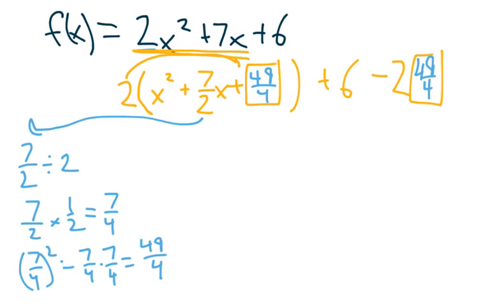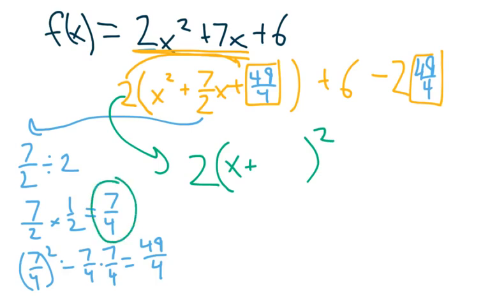Okay, now I do the rewriting step. So the 2 is going to come along down here, 2. In here, I'm going to write x plus, and it's going to be something squared. And again, it's just that number right there, 7 over 4. And then here I will have to do a little bit of arithmetic. So these 2 are going to become 2. And so now let me see here.